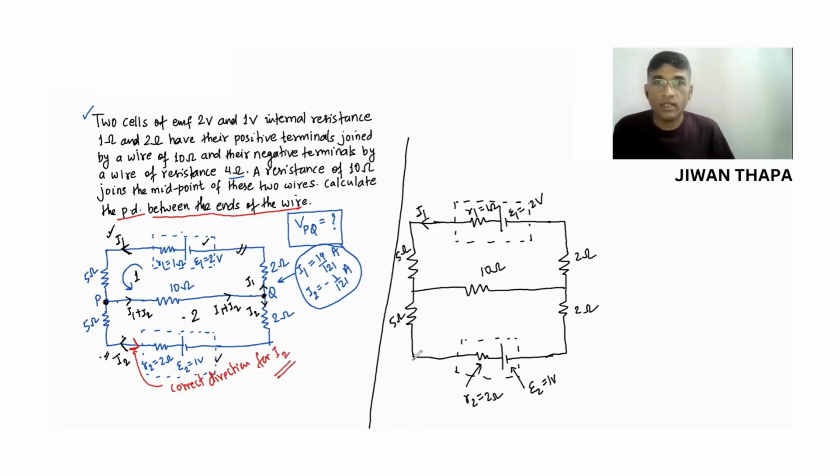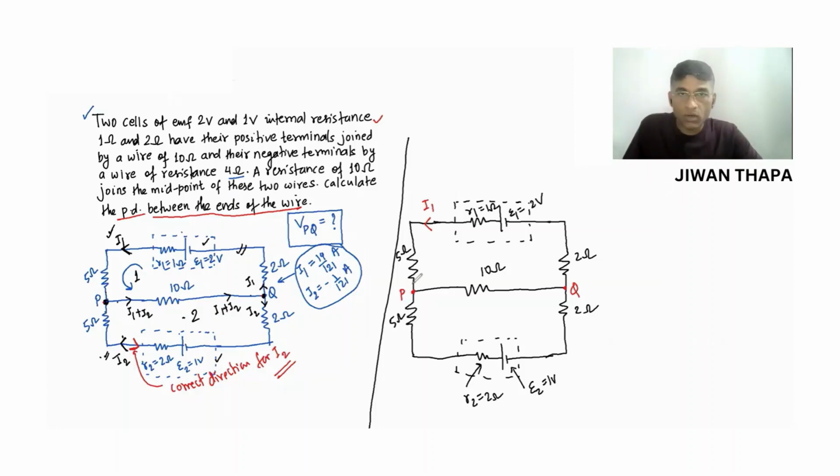Now we can also solve this numerical by considering this direction for current. Let's say I1 is flowing along this direction, and this is junction P, this is junction Q, and we apply Kirchhoff's laws, that is KCL and KVL.